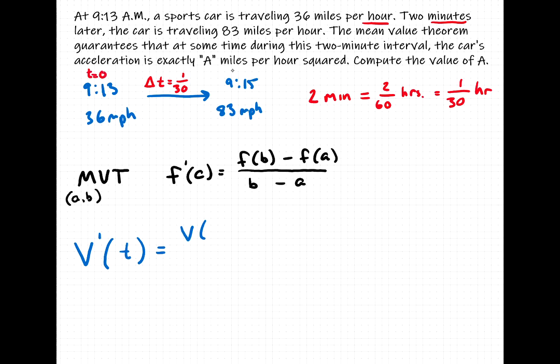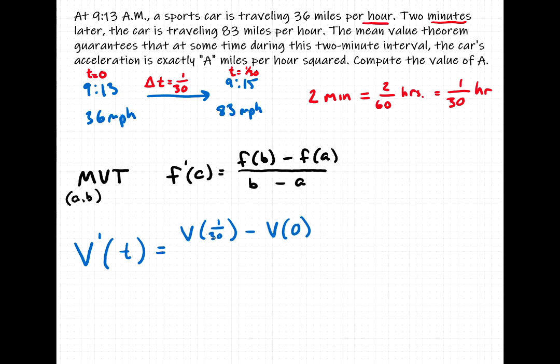And so at 9:15, that's 1/30th of an hour later, that will be 1/30. Okay, so v of 1/30th minus v of 0.